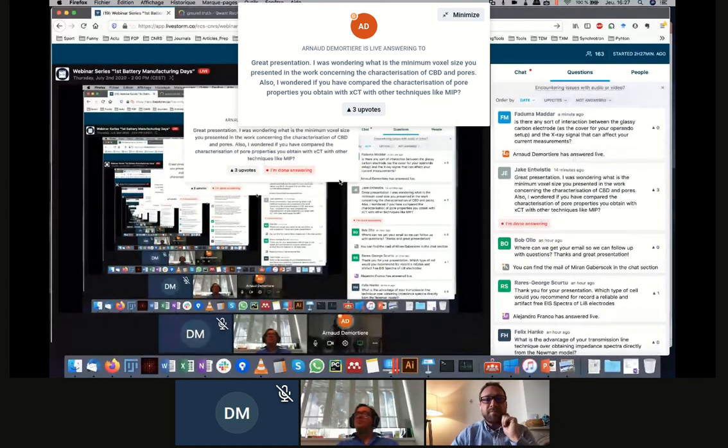So the minimum voxel size for the nano-CT, because there are 2 aspects you have to keep in mind, the resolution and the voxel. We use a voxel around 30 nanometers or 25 nanometers, and the resolution is around double the voxel size, so we define the resolution as 50 nanometers.